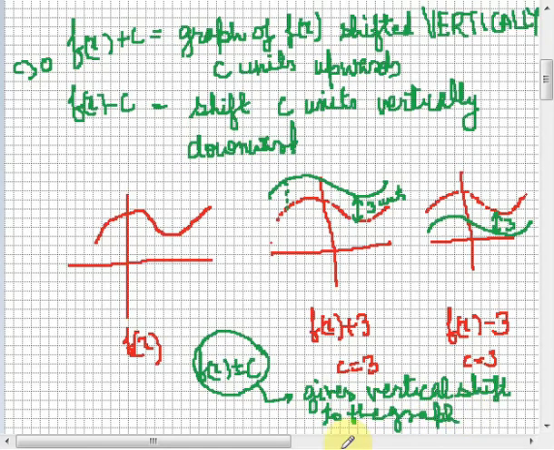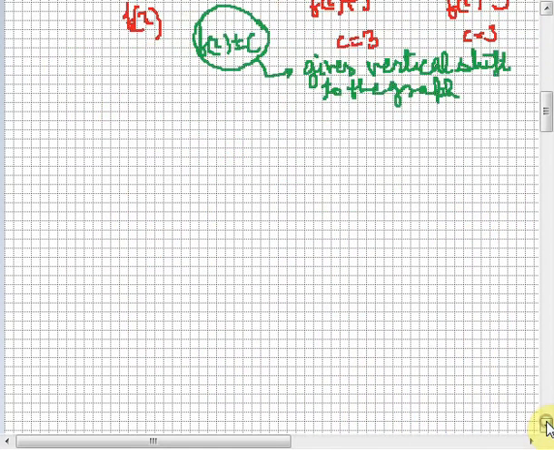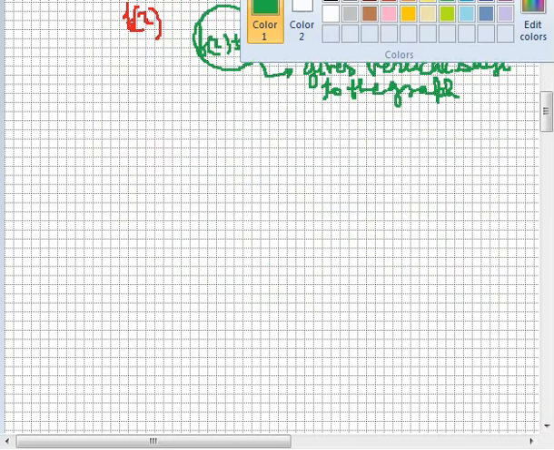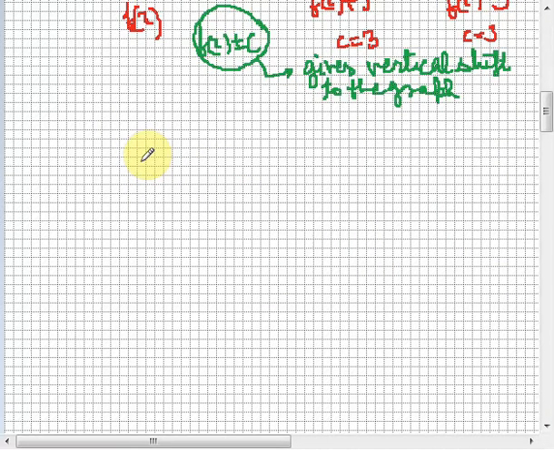Now, horizontal shift. What is horizontal shift? Suppose the graph of f(x) is given, then we want to find the graph of f(x plus c) and f(x minus c). Here x is replaced by x plus c.